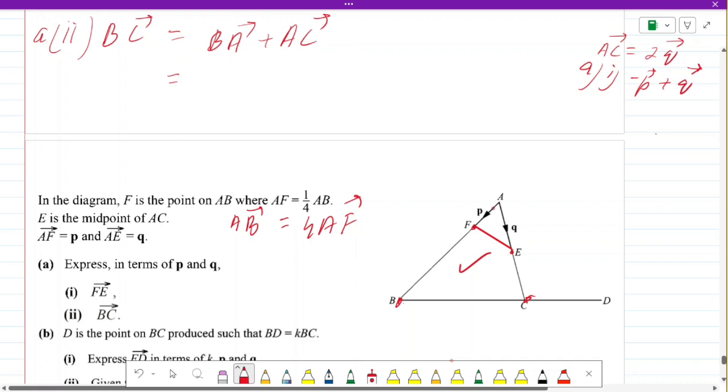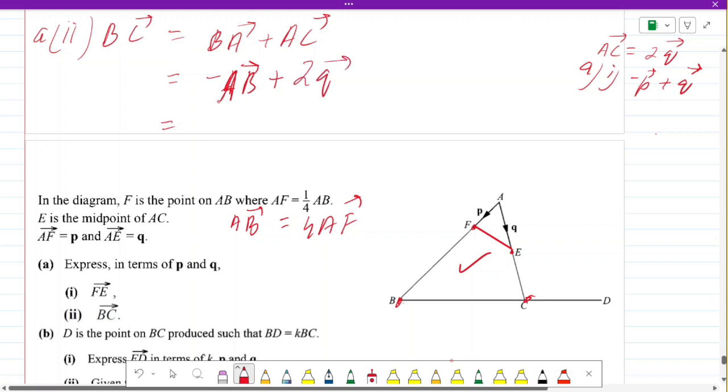The actual direction was from A to B, and we are going from B to A. So BA is negative vector of AB, plus AC. Here I have already interpreted from the given data and from the figure that AC is equal to 2Q. So just plug in the value, that is 2Q.